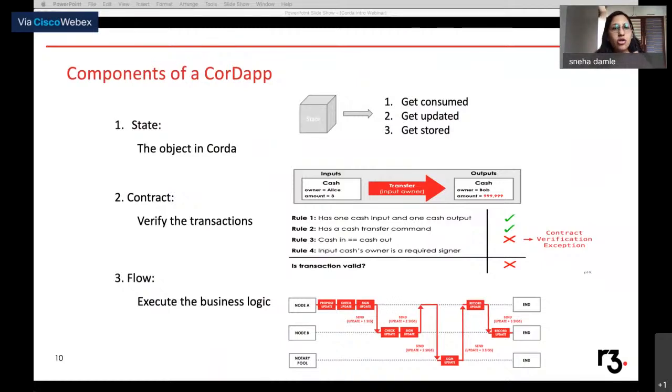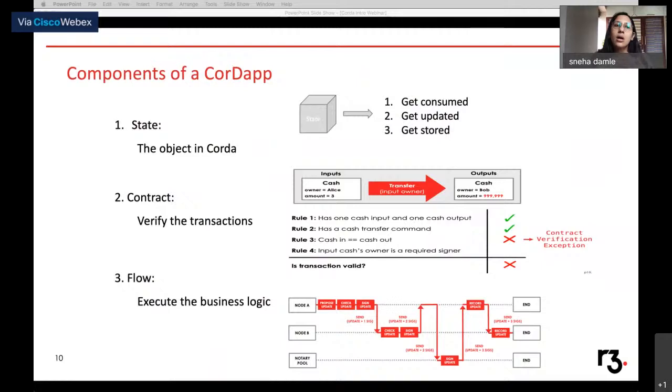All the facts or information which the parties want to make sure that what you see is what I see will go as a part of state. Corda will always maintain the blockchain guarantee that for each fact shared between two or more parties, those parties will always have the exact same version of the fact. This guarantee is provided by Corda.